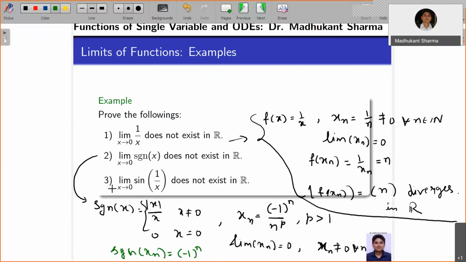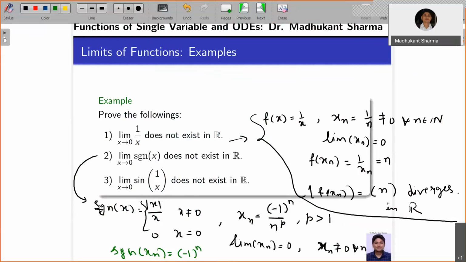For the third, the limit as x tends to 0 of sine of 1 by x does not exist in R. Again, you will create an artificial sequence which converges to 0, but sine of 1 by x does not converge. You know that sine of an odd multiple of pi by 2 is plus or minus 1, oscillating.